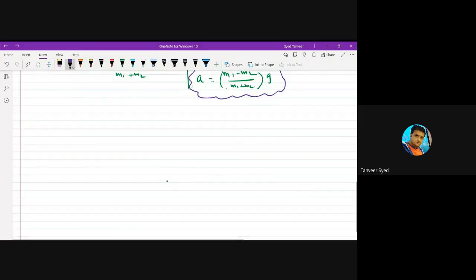Now, suppose you get a question like this. If instead of these general values, I give you some numerical values. Sir, can you show the formula for tension?